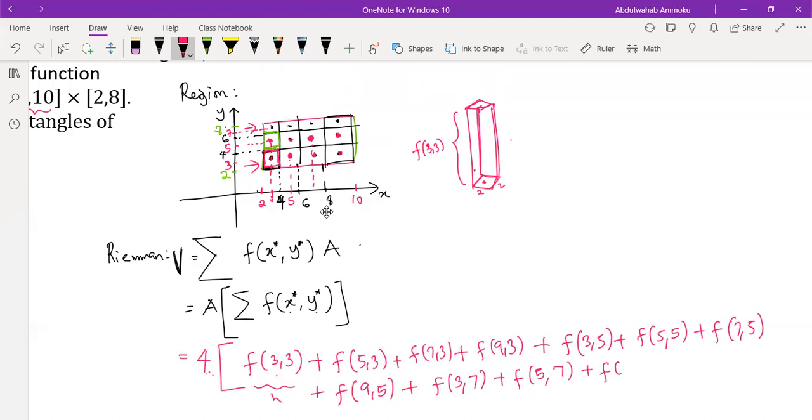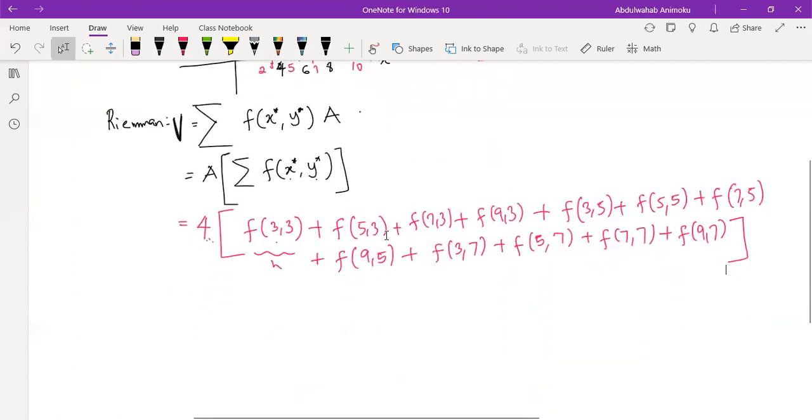The next one, X is 7, Y is still 7. And finally, the last one, X is 9, and Y is 7. So this is the sum that we are talking about. This is called the Riemann sum.